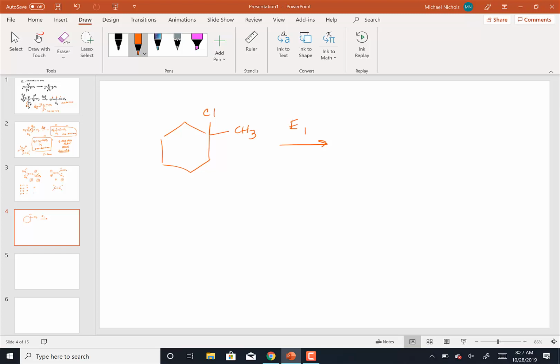All your products are going to be bringing alpha and beta carbons. So if you can identify your alpha and your beta carbon, and your beta carbon has a hydrogen, you can form a double bond.